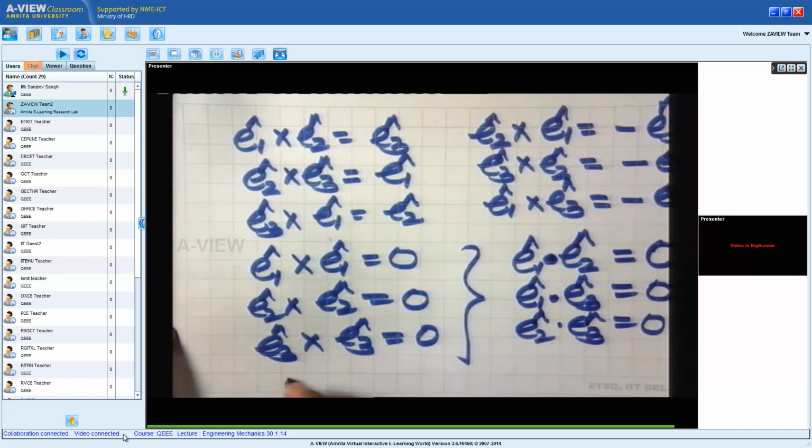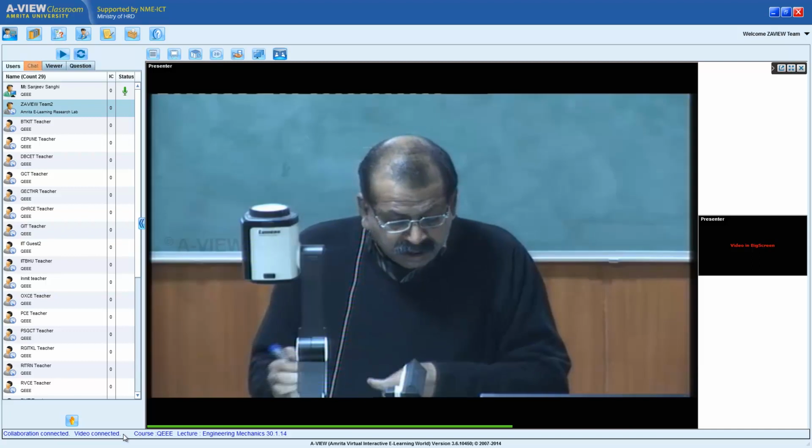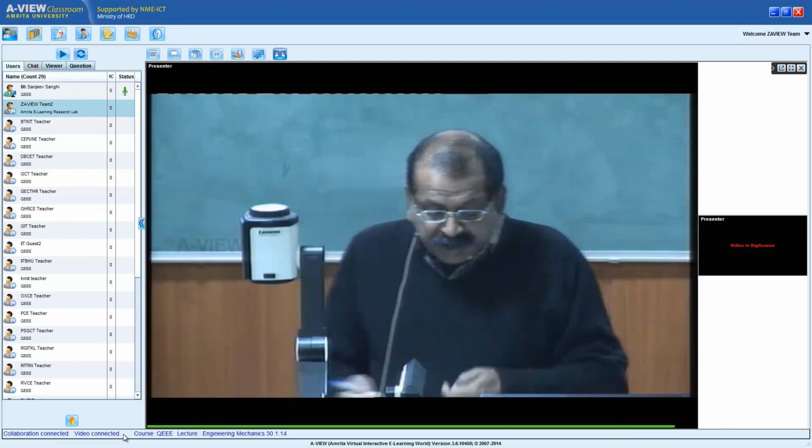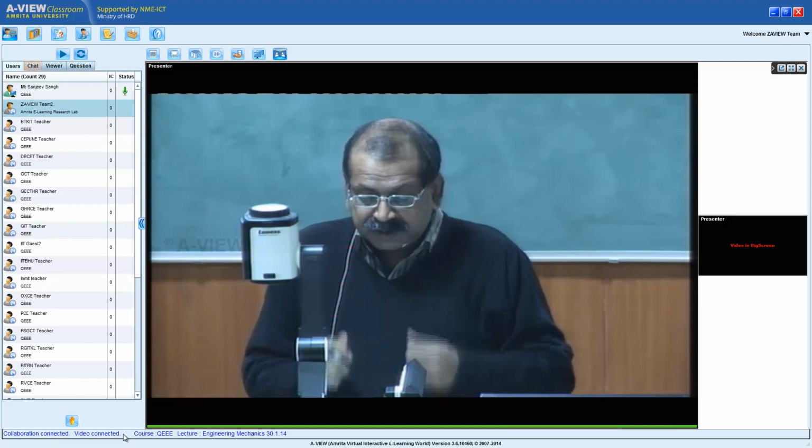If I look at the dot products of a vector with itself, E1 dotted with E1 is always 1. E2 dotted with E2 is also 1. And E3 dotted with E3 will also always be 1. So these are some properties of unit vectors and what we call a right-handed triad of orthonormal vectors.